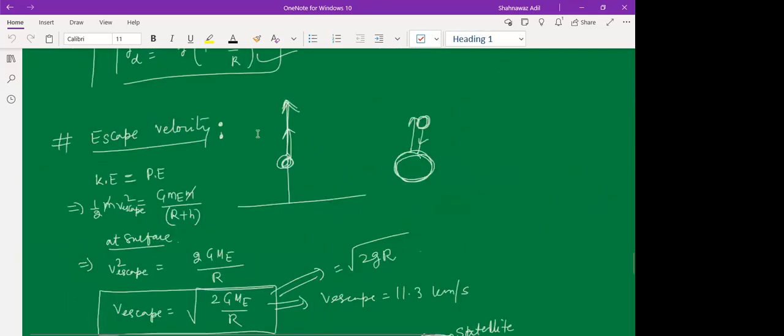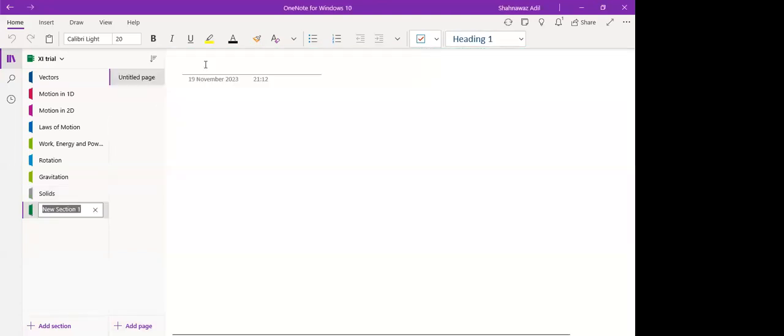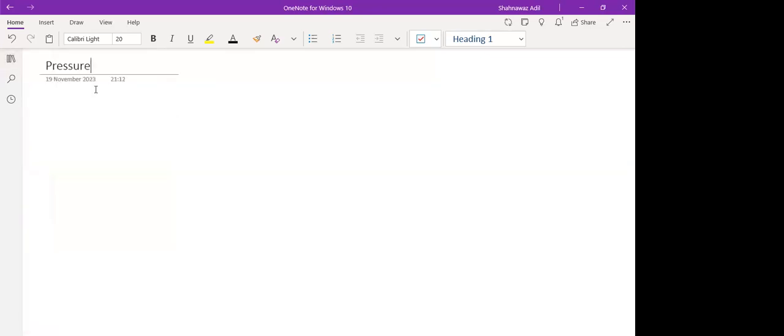So let us start this new chapter, which is mechanical properties of fluids. The most important quantity that we're talking about is pressure.